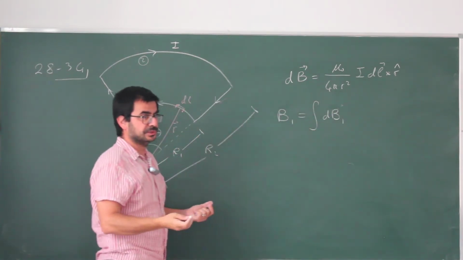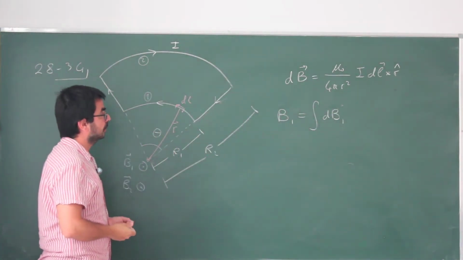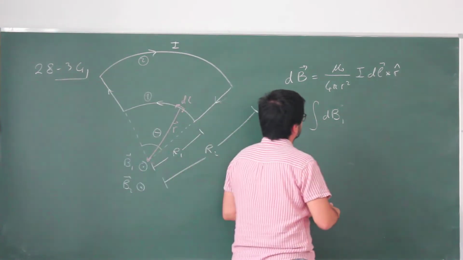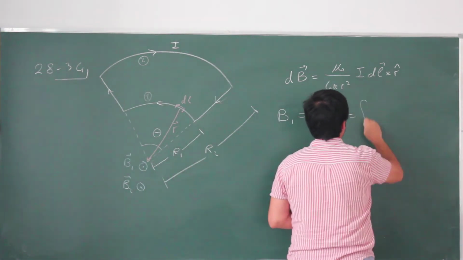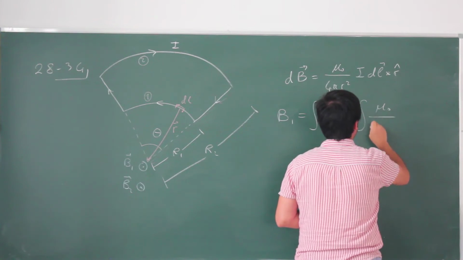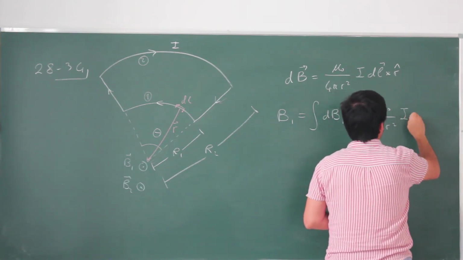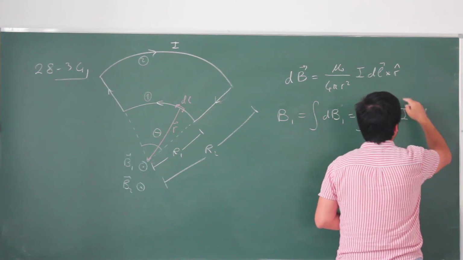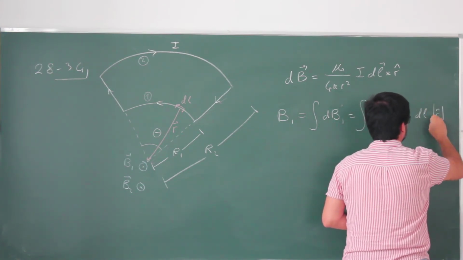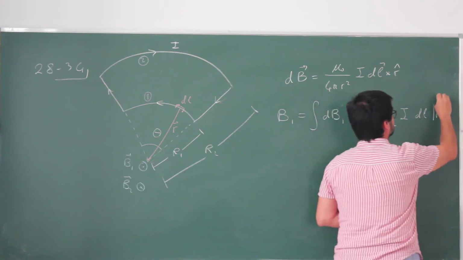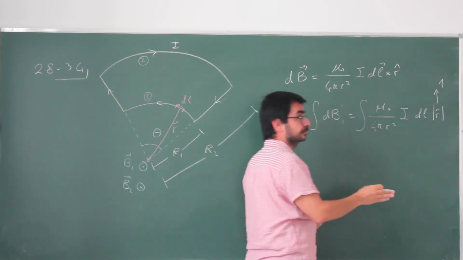Because they're all in the same direction, I don't need to deal with the vectors. Okay, then I can write this right away. So this is mu naught over 4 pi r square I. Now that dl is just dl, and this r hat becomes the magnitude of r hat, which is just 1. Okay, so this drops out.